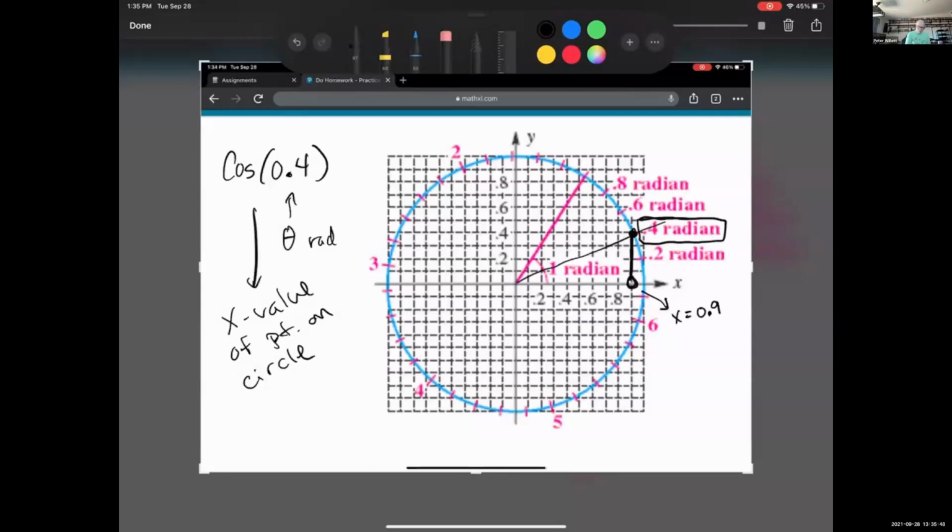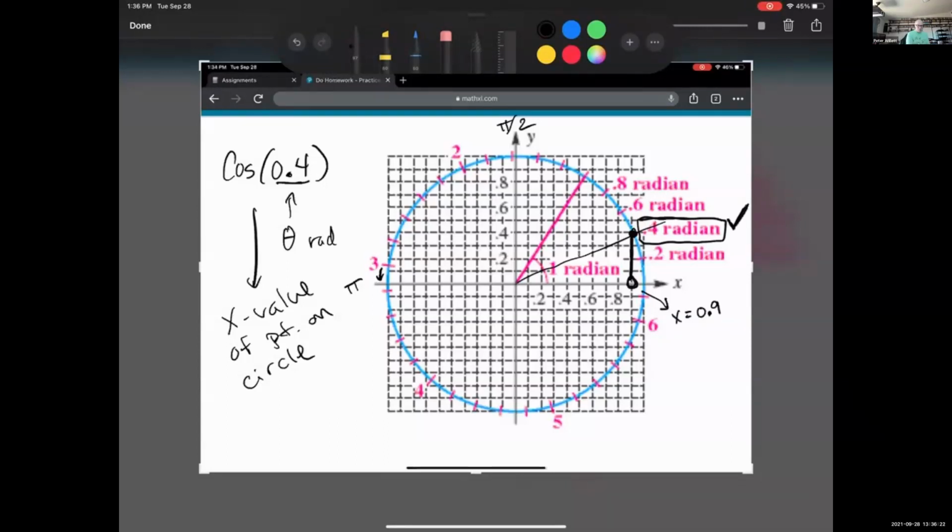Well, in this case, they just marked off different spots on the circle so we could see where 0.4 would be. Remember, up here is pi over 2, over here is pi, but pi is a number, 3.14159. You can see here's 3 right here. So you go a little bit past 3, and then you get to 3.14159. Well, somewhere as you're going around the circle, you're at 0.4, and they've marked off these little spaces around the circle so that we could find where that radian measurement was.